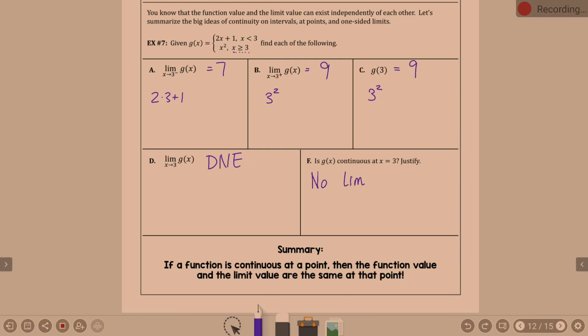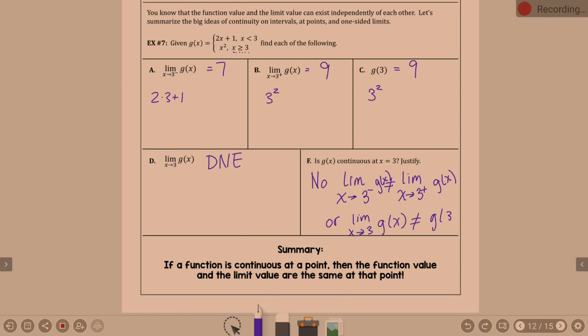I was going to say the limit from the left does not equal the limit from the right. I should have a g of x in there, and I skipped it. However, I also agree that the limit does not equal the point. So, you could say the limit as x approaches 3 of g of x does not equal g of 3.